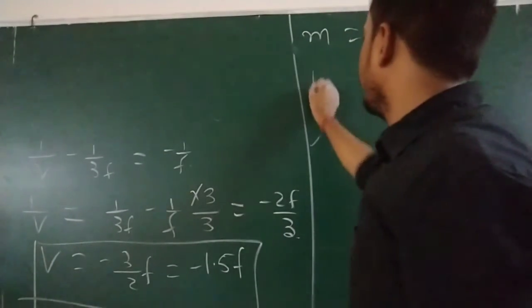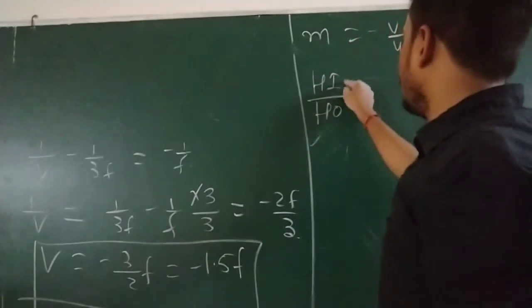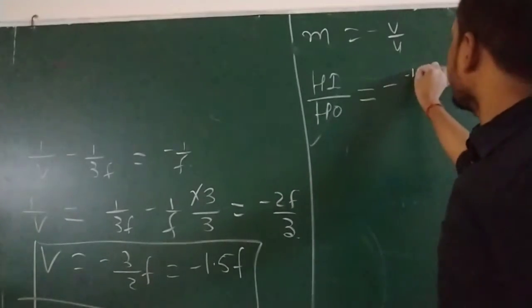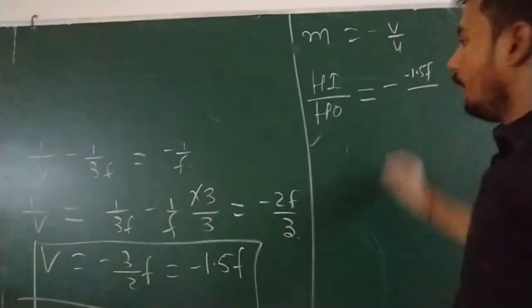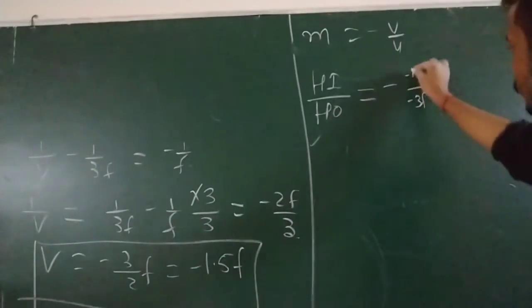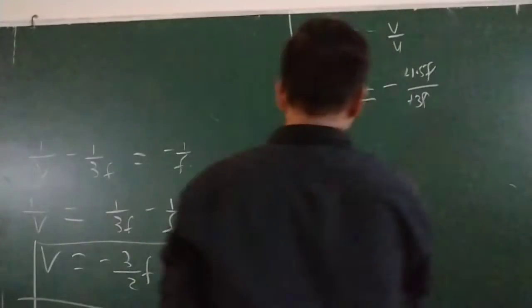So put here, this is the height of the object and this is the height of the image. Height of image by height of object is minus v, which is minus 1.5F, and u is minus 3F, right? So see, this minus gets cancelled, this F gets cancelled.